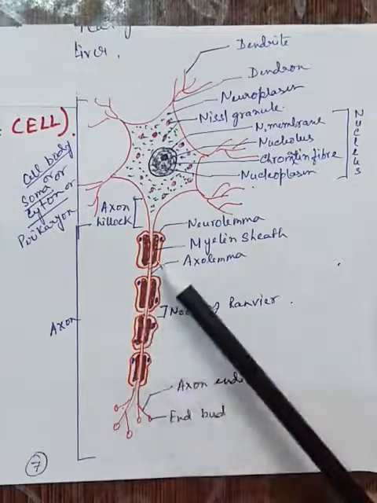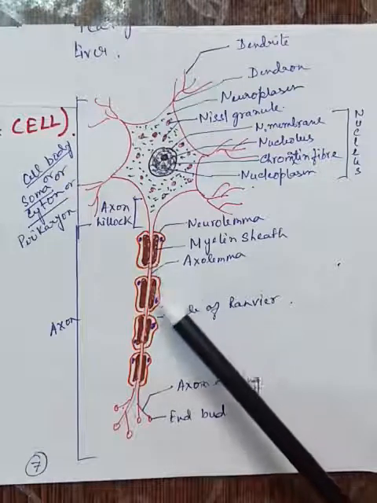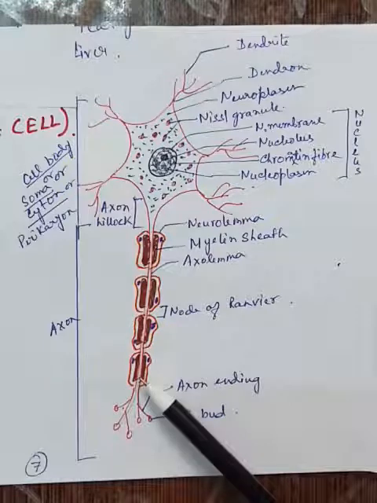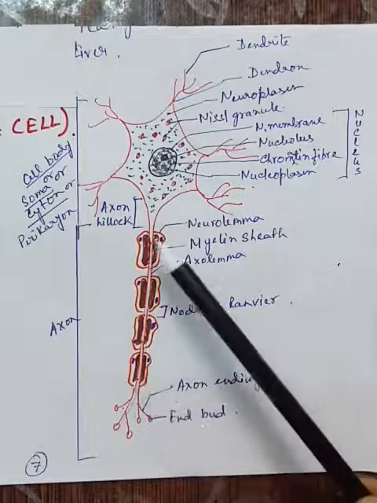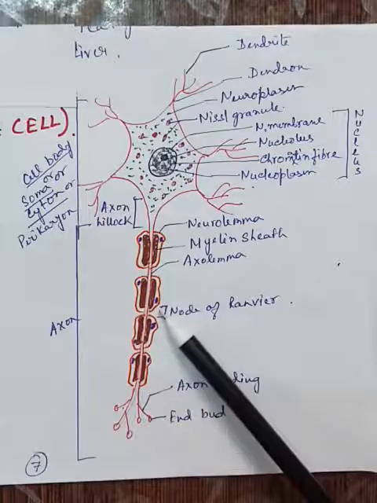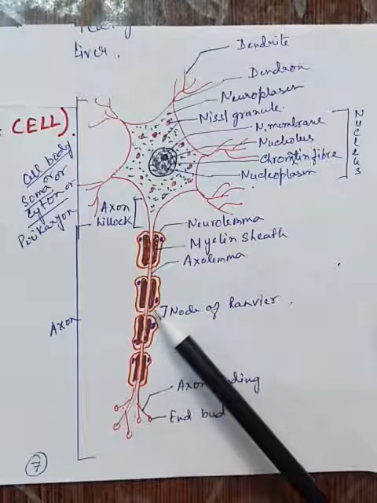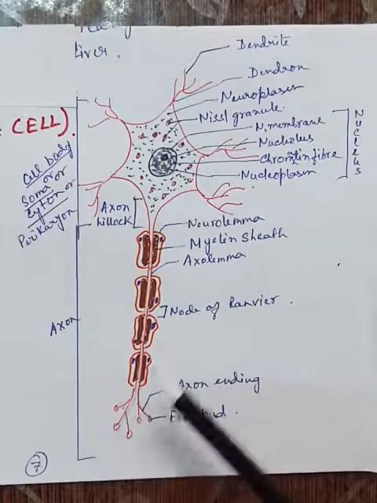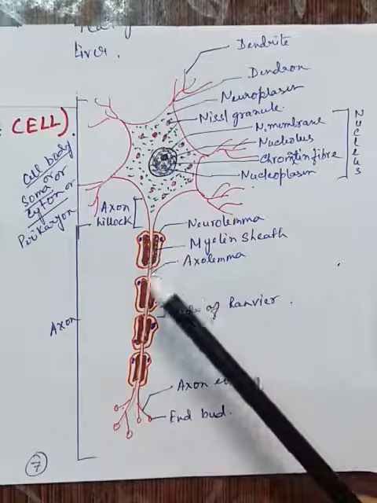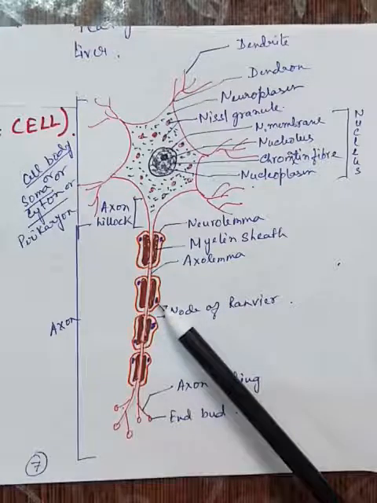It is called myelin sheath. This brown colored thick membrane is there with intervals. Above that, another thin membrane is covering the myelin sheath, which is also discontinuous, called neurolemma. In between the neurolemma and the myelin sheath, you can see dot-like structures. They are called Schwann cells.